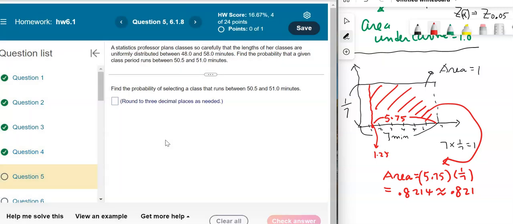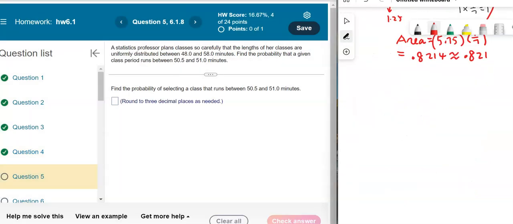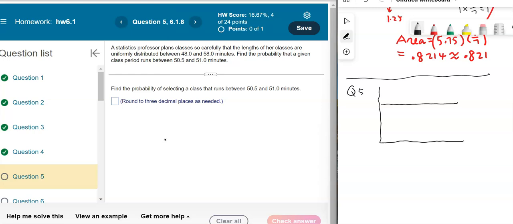Okay, question number 5. The statistics professor plans classes so carefully that the lengths of her classes are uniformly distributed. Whenever they say uniformly, it is a rectangle. This is called uniform distribution, not normal distribution.